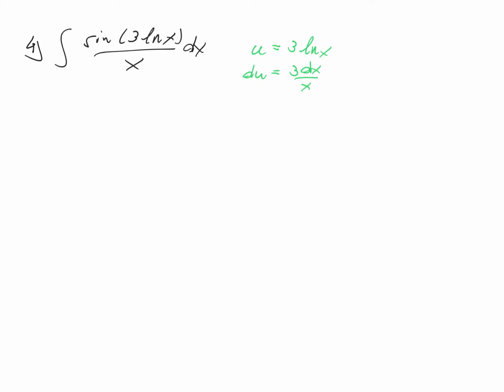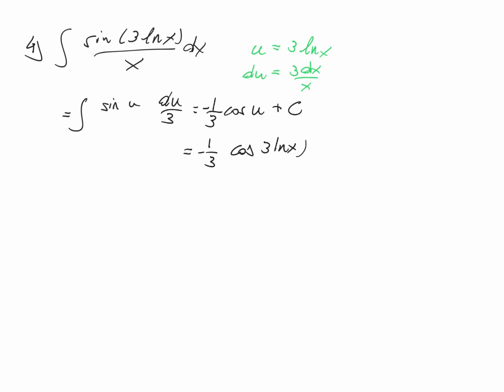And if I then replace this in my integral, it is the integral sine of u times du over 3. So 1 over 3, the integral of sine is minus cosine. So minus cosine of u plus a constant. And then we replace u again by 3 ln x. So it's minus 1 over 3 cosine of 3 ln x plus a constant.